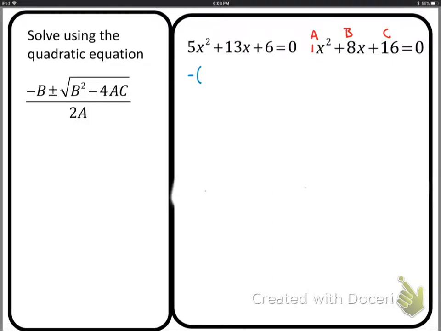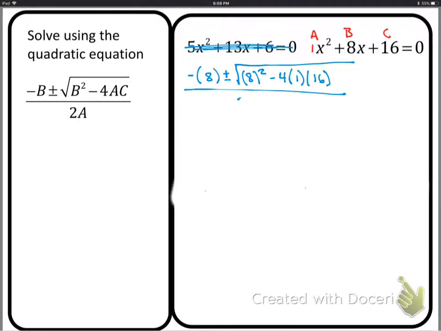Negative b, that's negative 8, plus or minus square root of b squared, which is 8 squared, minus 4 times a times c, all divided by 2 times a, which is 1.